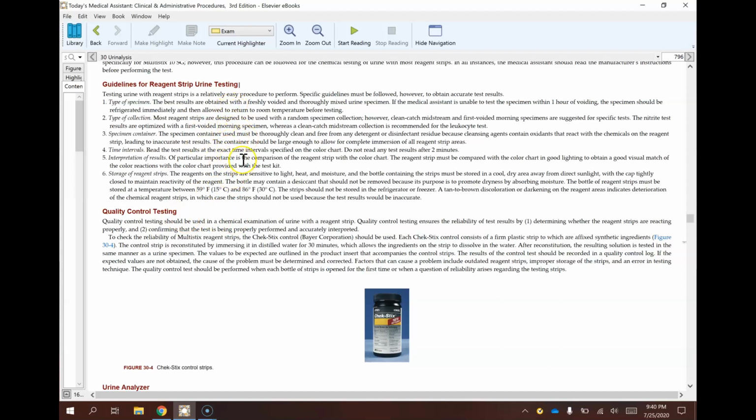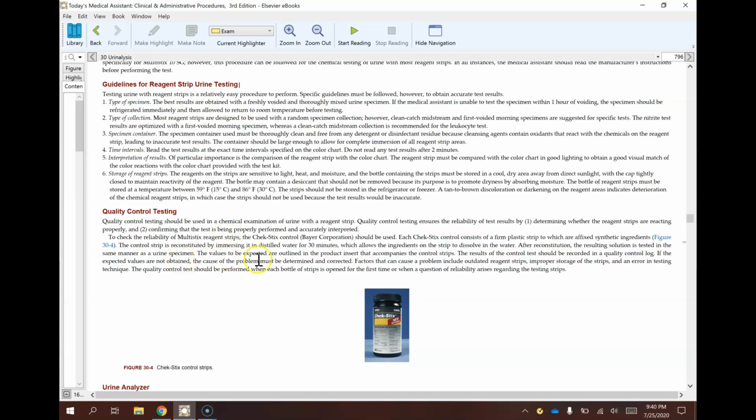Like anything else, you want to make sure that your bottle of test strips is not expired. You want to make sure that they are stored properly, and you want to only take out one at a time.